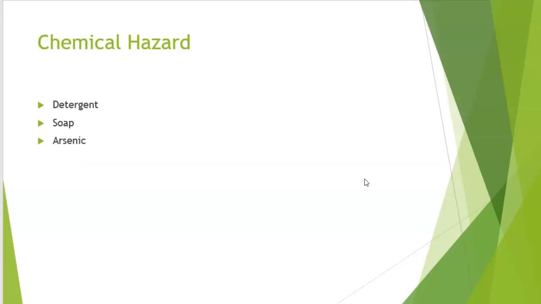In chemical hazards, they are detergent, soap, arsenic. These chemicals should not be in the food, and they can also cause death in some cases. If anyone consumes arsenic, there is very little chance of survival. Physical hazards are like hair, glass pieces, safety pins.